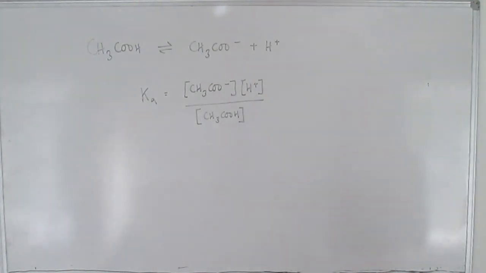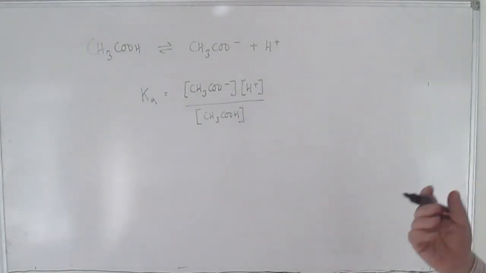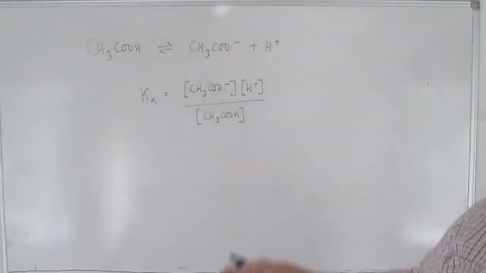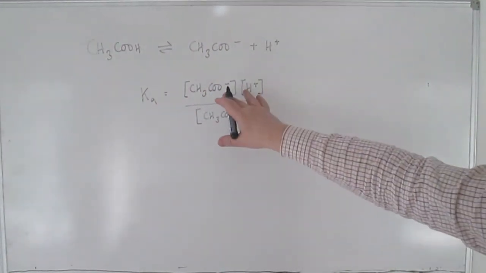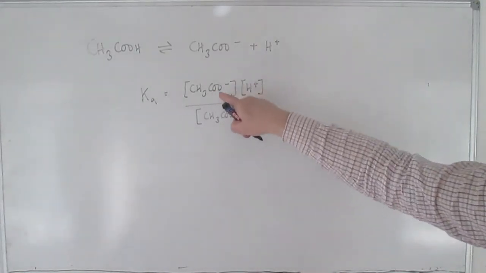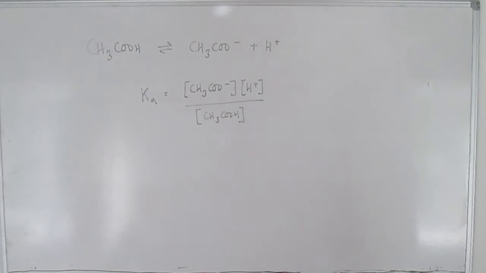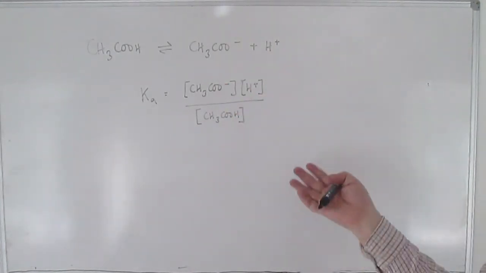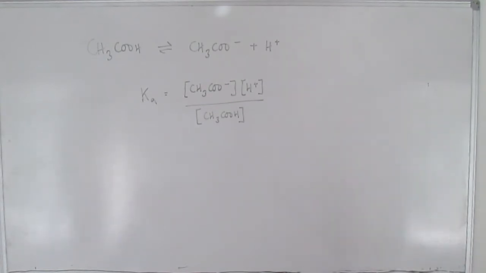Now when we had a solution that just contained ethanoic acid and no added ethanoate, remember we had to simplify this expression by assuming these two concentrations were the same and getting H plus squared over the total acid concentration as our approximate form of Ka in order to calculate the pH of a solution.